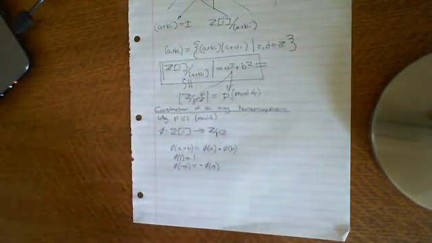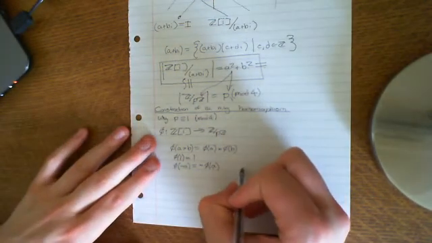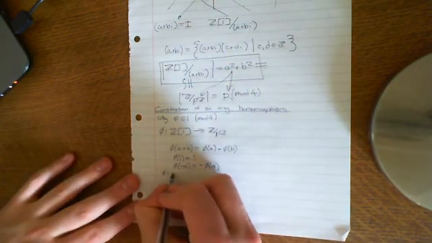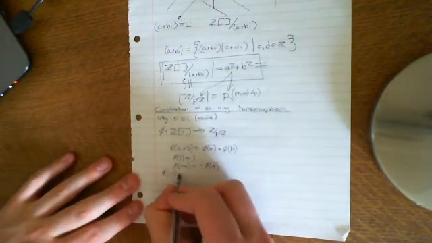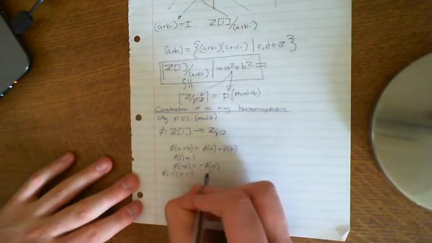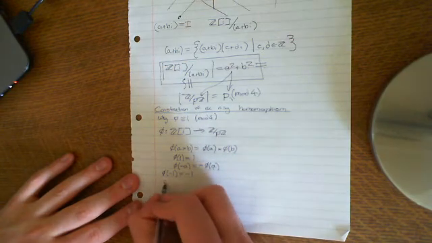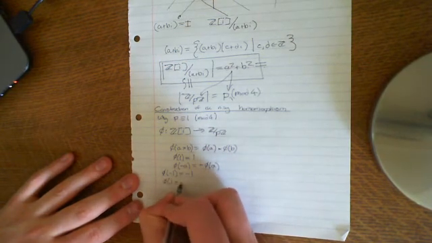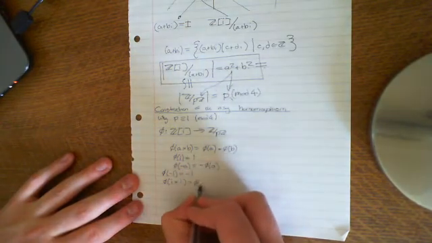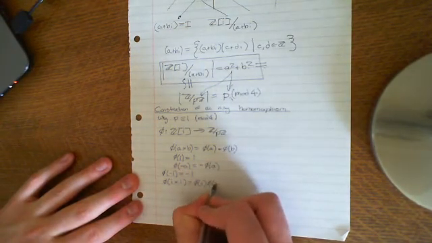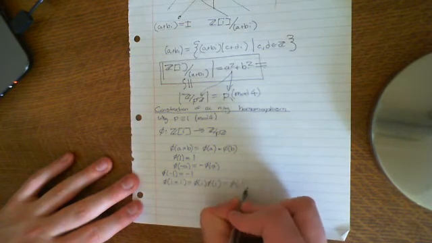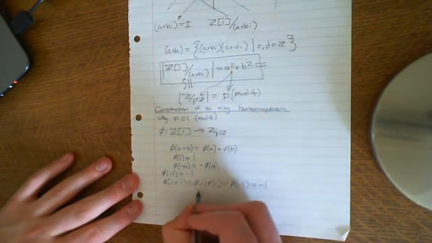So the fact that these properties hold tell us that phi of minus 1 must go to minus 1 in the ring, because 1 goes to itself. And therefore, we know that phi of i times i is equal, by this property up here, to phi of i times phi of i, but it's also equal to phi of minus 1, so it must be equal to minus 1.